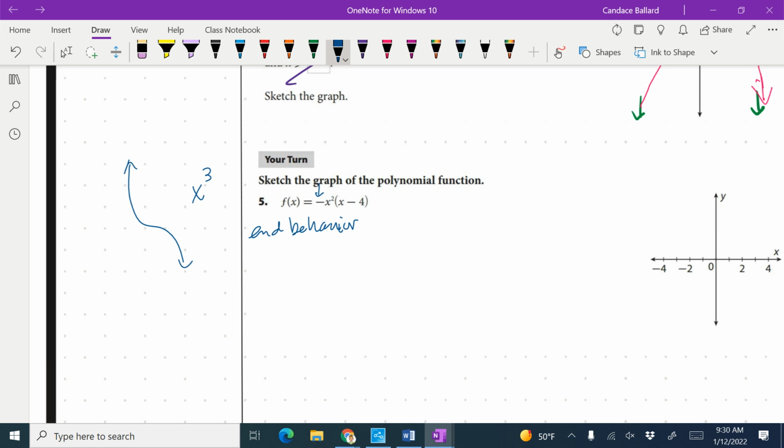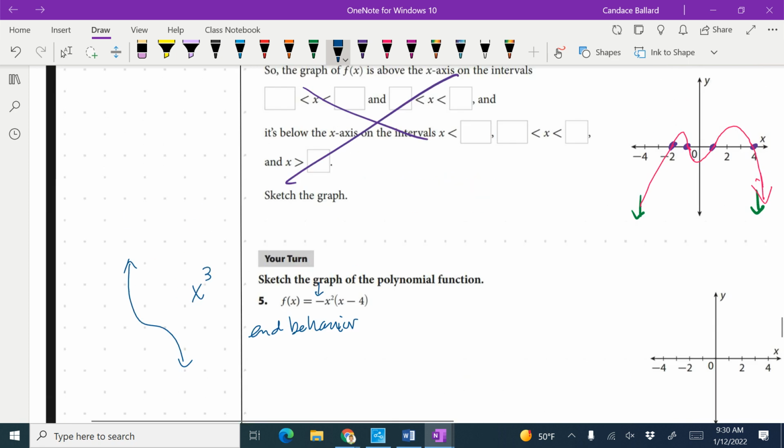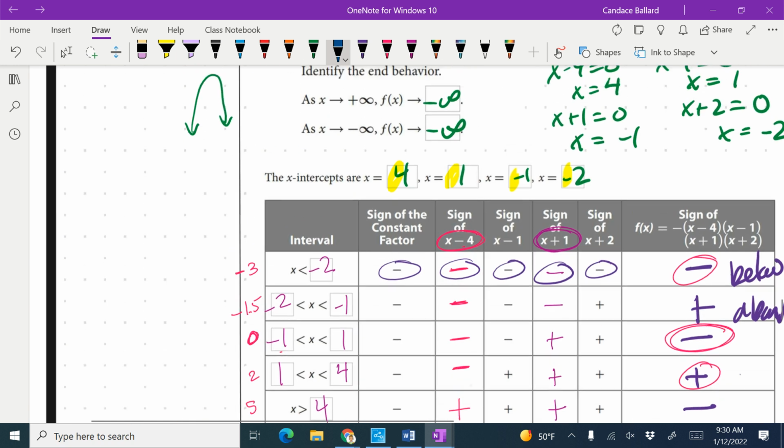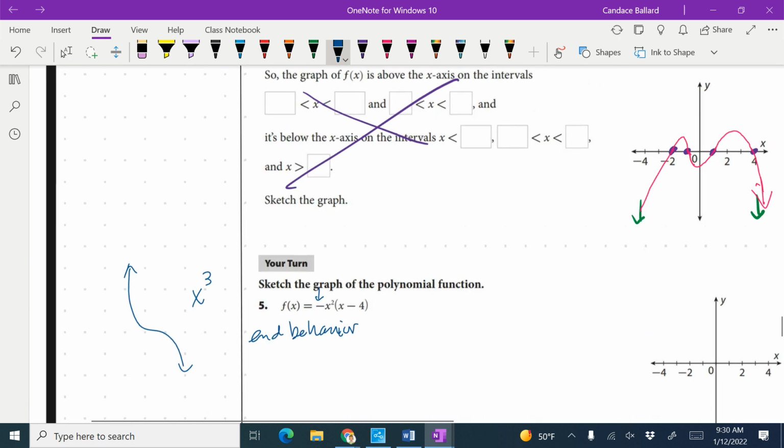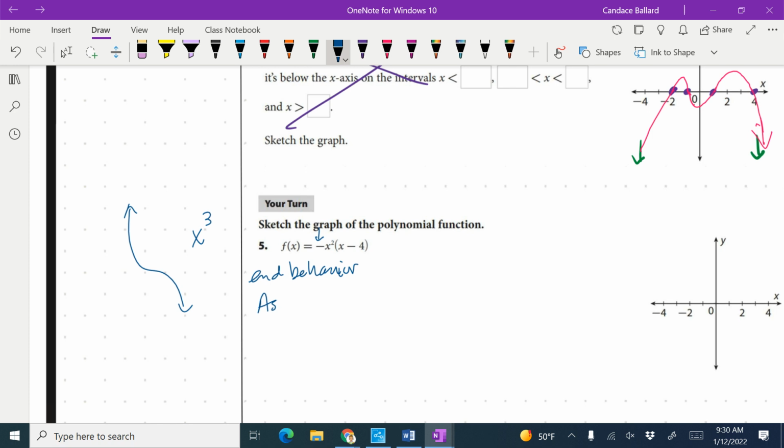It's kind of just good to know and understand those little nuances, okay? Because that really helps us with that end behavior. So if I was going to write out the information on end behavior, we would say as x approaches positive infinity, meaning it's going to the left, what's going on with the y value? Is it going up or is it going down?